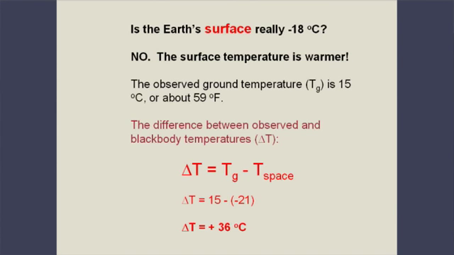So no, the surface temperature is different than the radiative temperature. The difference between the ground temperature and the radiative temperature, I've been playing around with the numbers, but it's about 36 degrees.